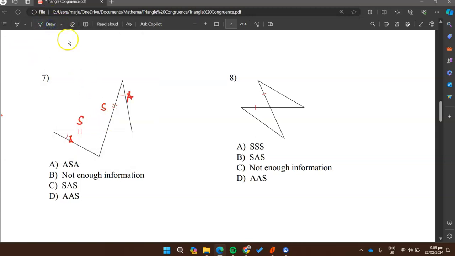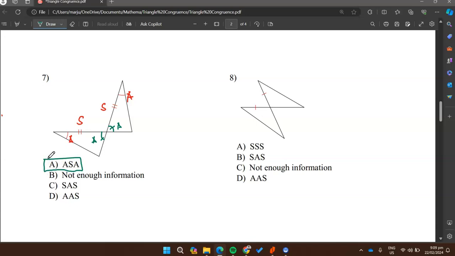These angles are vertical angles and they are congruent. So we have angle, angle. So what do we have here? We have ASA, two angles and the included side. So what letter is that? We have letter A. So number 7 is letter A.